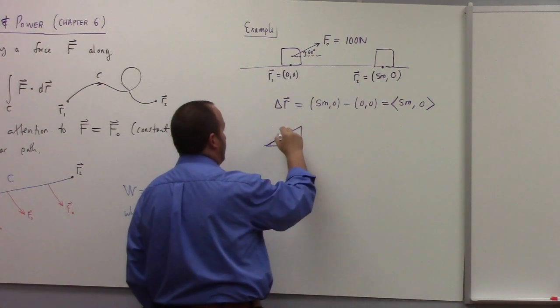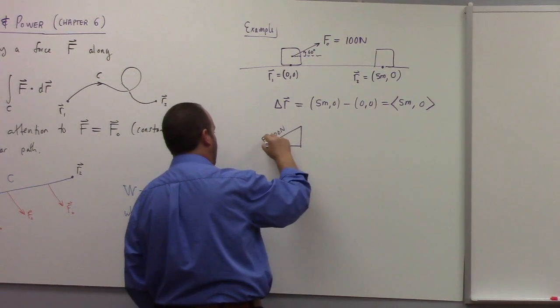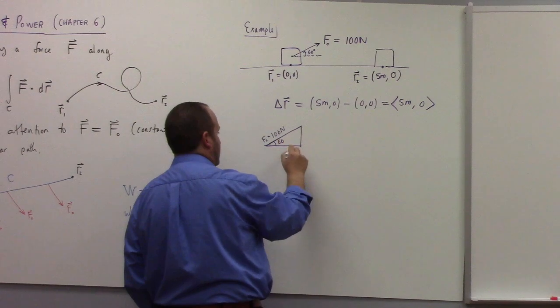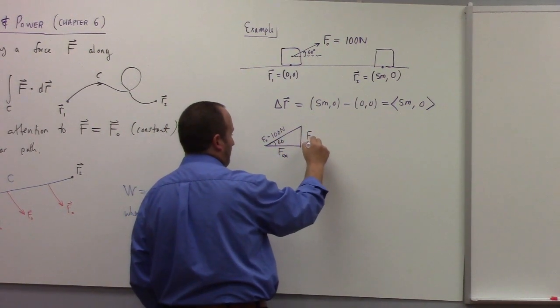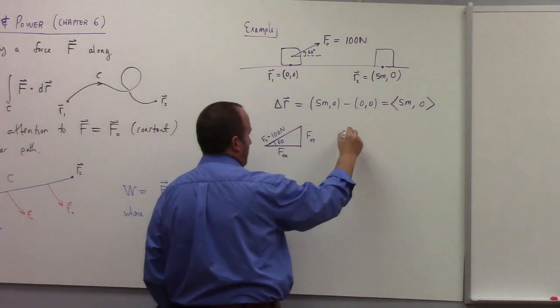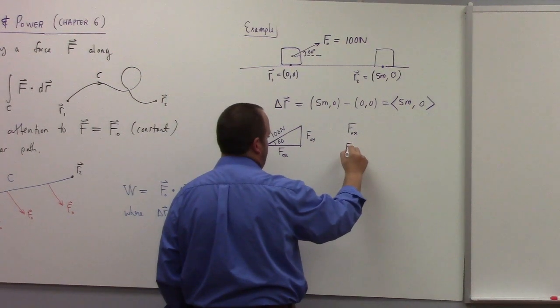Now the force, we've got 100 newtons right here. That's F naught. This is 60 degrees. So here's the x component, and here's the y component. What's the formula for the x component? What's the formula for the y component in this context?